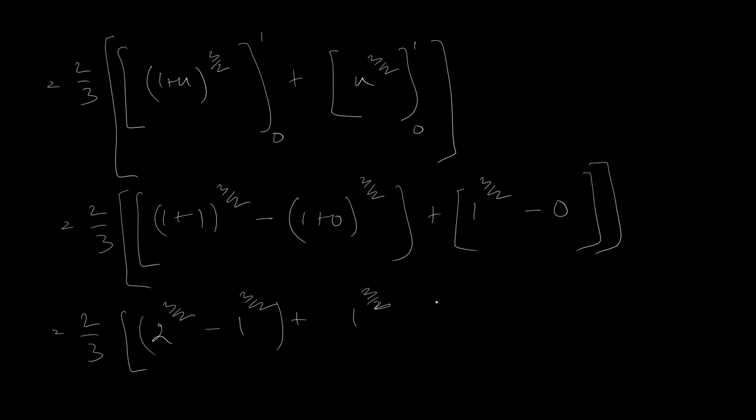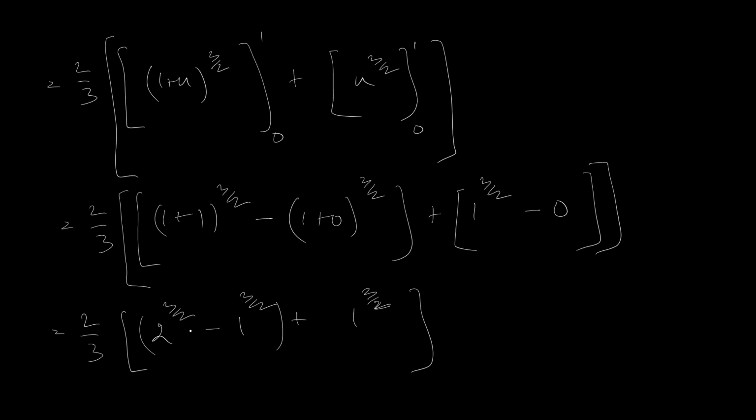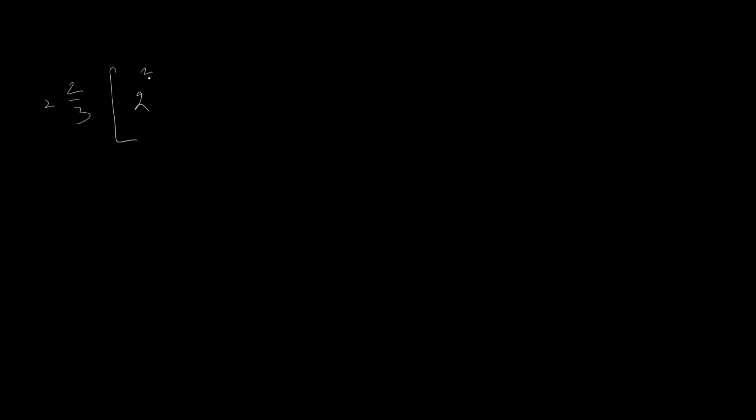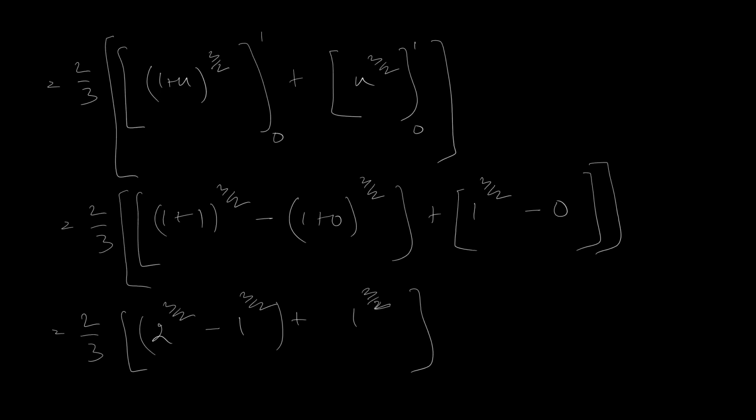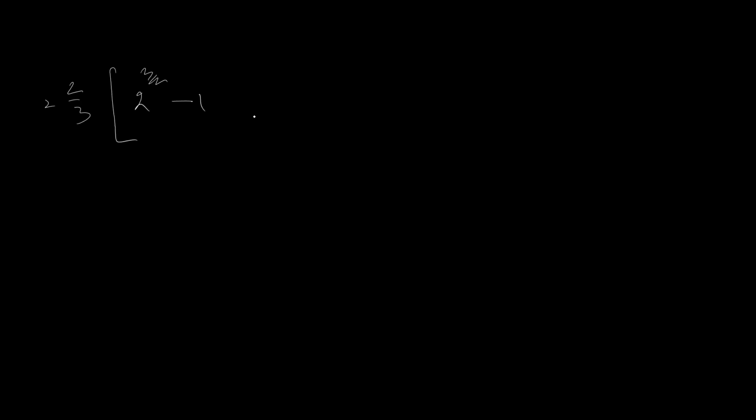Bracket close. So ultimately this whole thing will be 2 by 3 times, 2 to the power 3 by 2 minus 1 plus 1. So this and this cancel out, leaving 2 by 3 into 2 to the power 3 by 2.